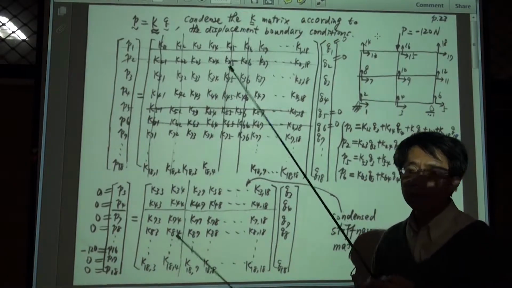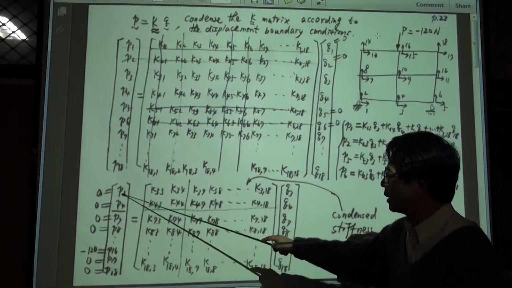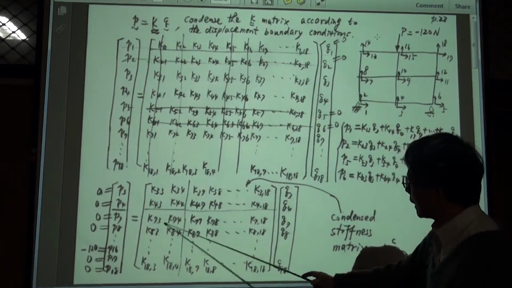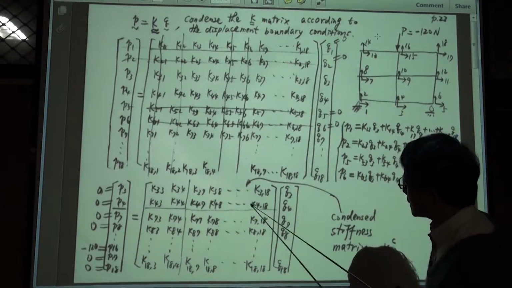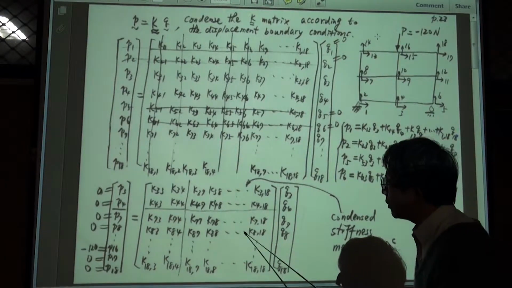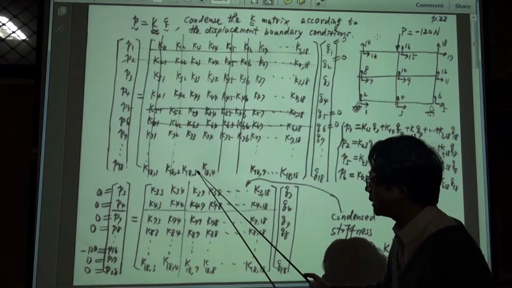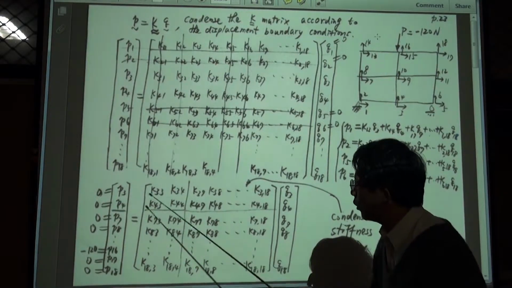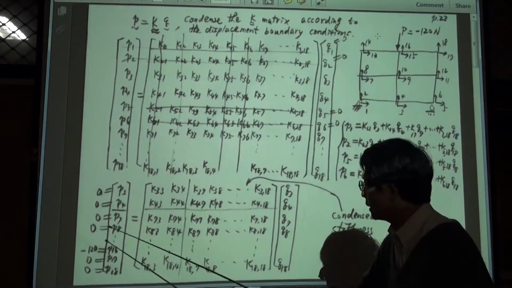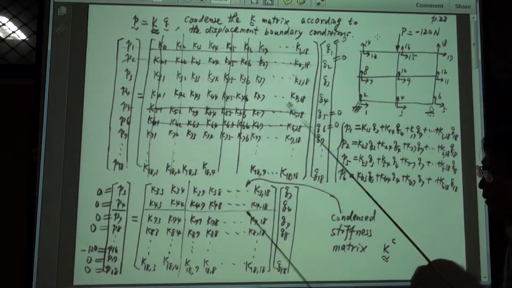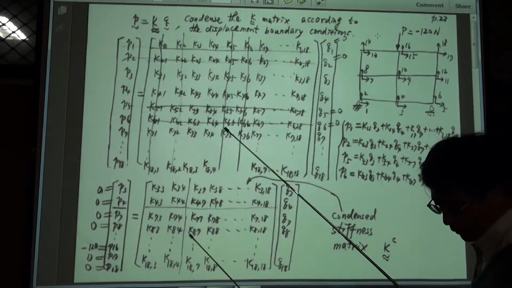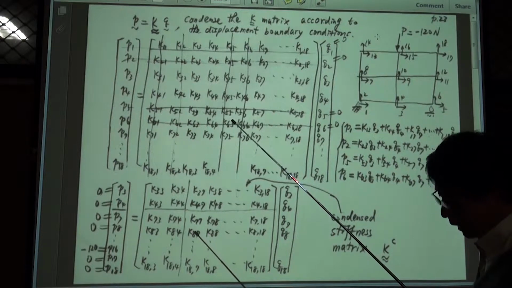Okay. So in this way, this force vector is given. And this stiffness matrix is given. So we only need to do the inversion of this matrix here to calculate the displacement vector. Okay.